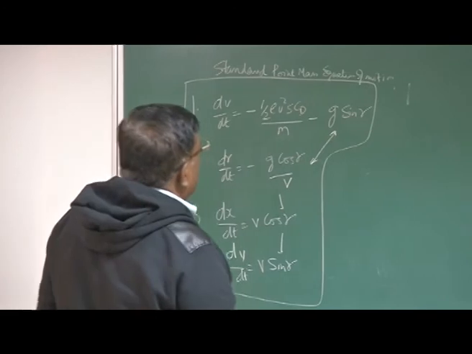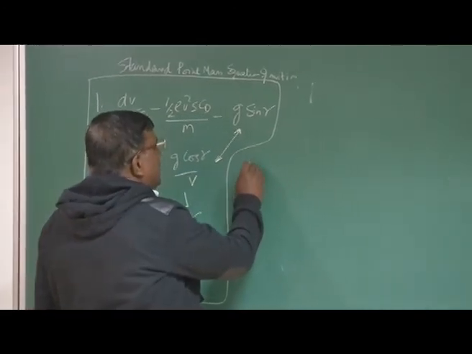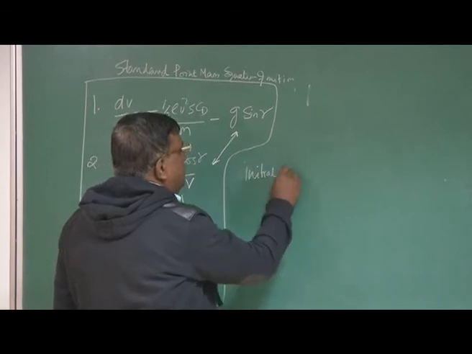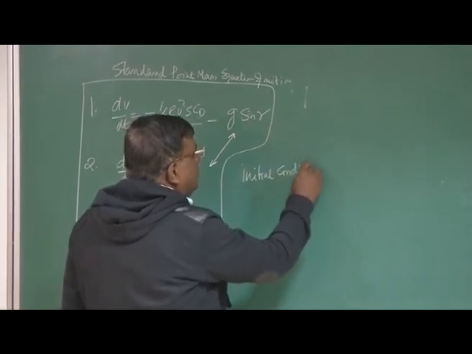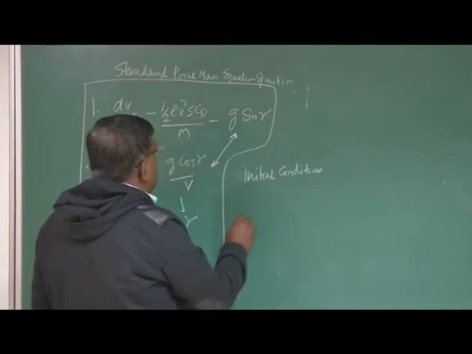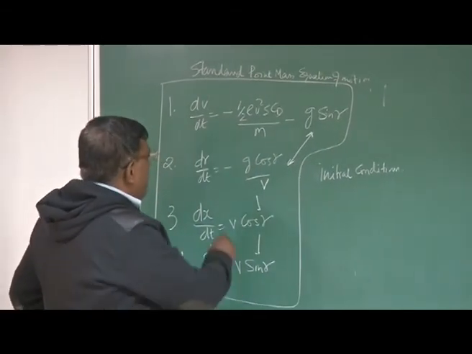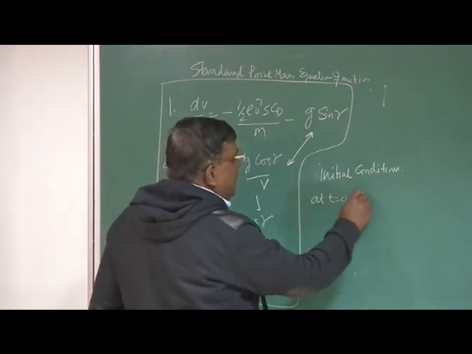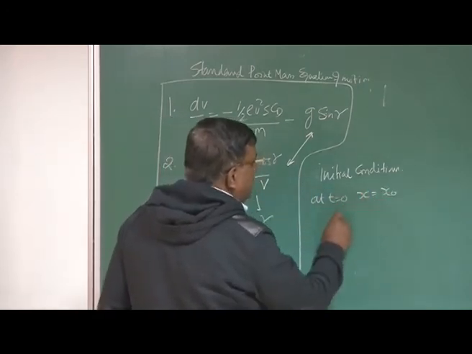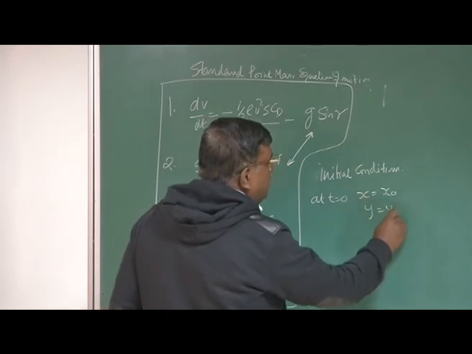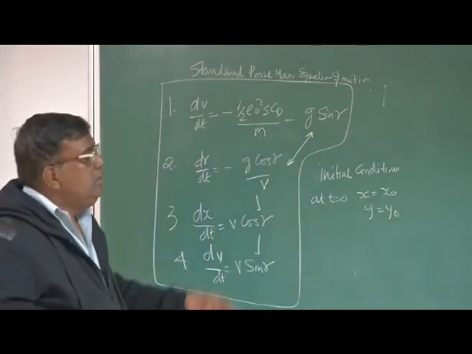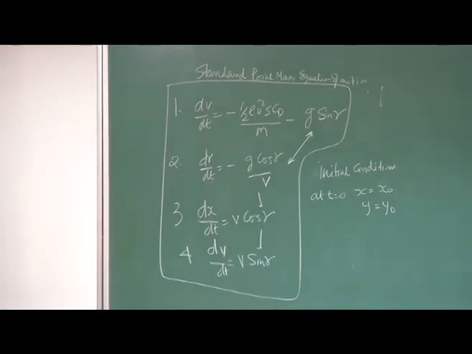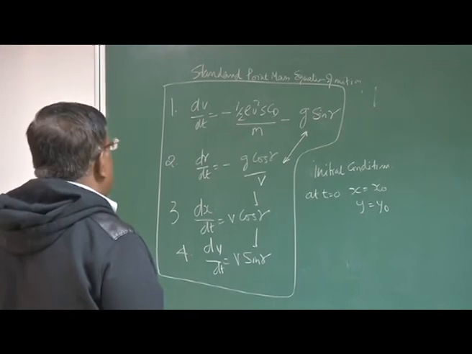So to solve that, we need to have initial conditions, and let's set the initial condition. If I want to solve these two equations, I need to write at t equal to 0, x equal to, let's say, x naught, and y equal to y naught. This is decided by where you are firing from, where you are launching it, right? So that reference will have some coordinate.